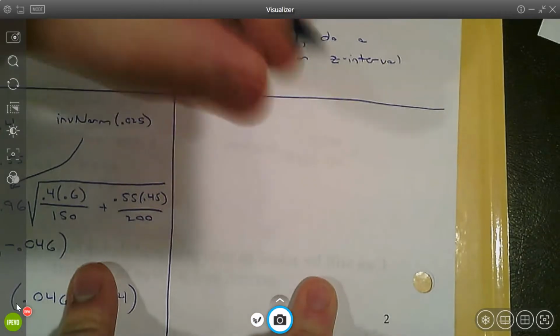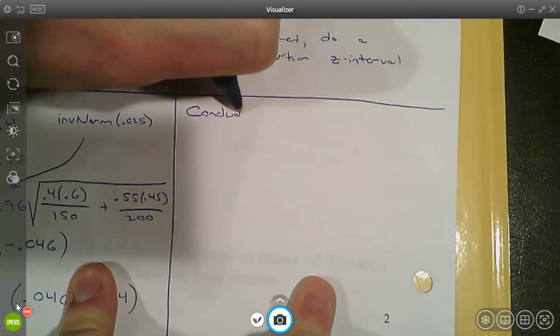Now for the conclude step here, here's how this is going to look.